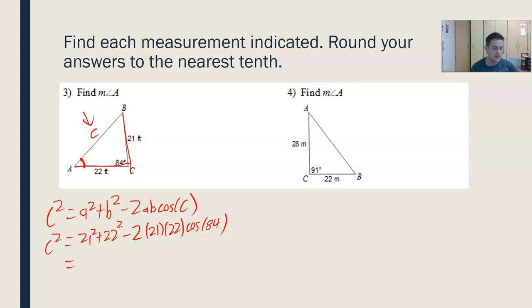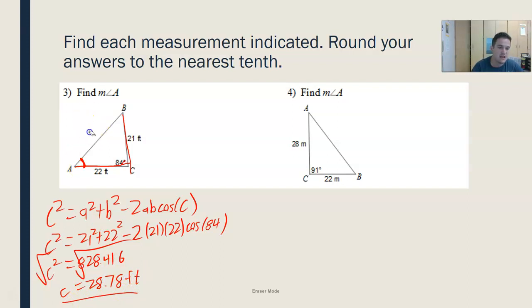You should get C squared being equal to 828.416. Square root that, and you get C is equal to 28.78 feet. So this side right here is 28.78 feet.